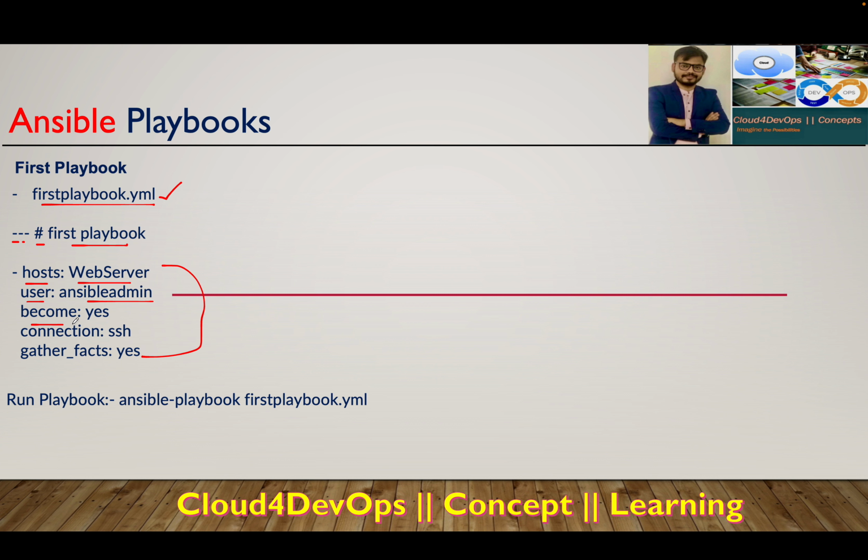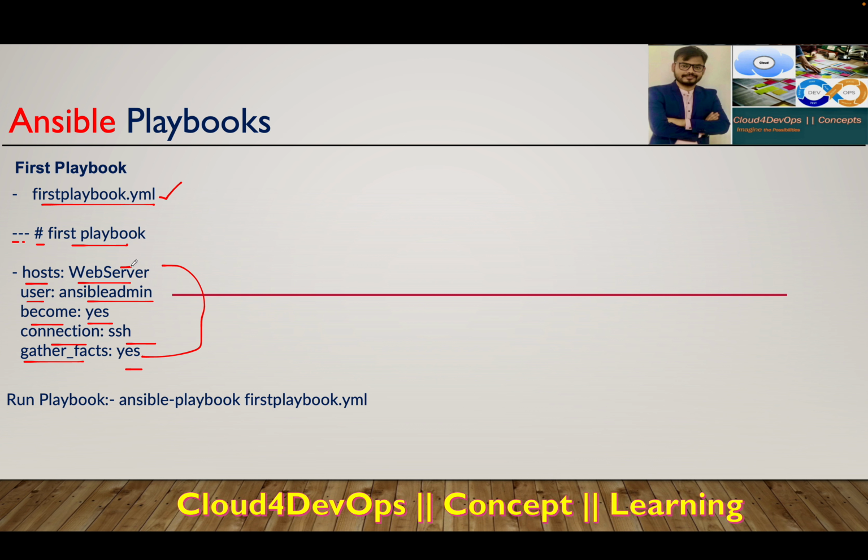Become is for gaining sudo access. I'm giving yes. Connection over SSH, because I'm using a CentOS system, a Linux based system. Gathering facts, yes. Gathering facts basically gives me all the information related to the IP address of all my servers listed in the web server group.